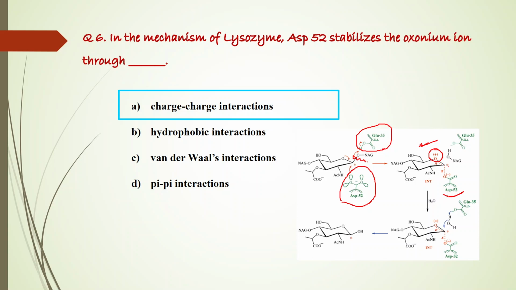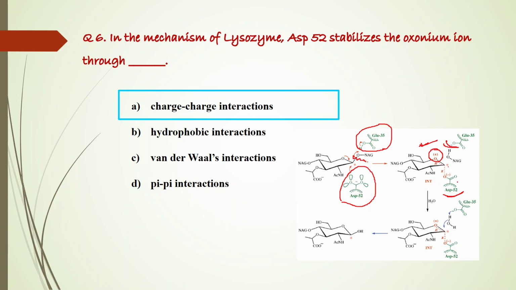What is its role? It does not directly perform any kind of acid-base catalysis. Like you can see in the case of glutamic acid, it is directly involved in giving out the H plus, and itself becomes COO minus.